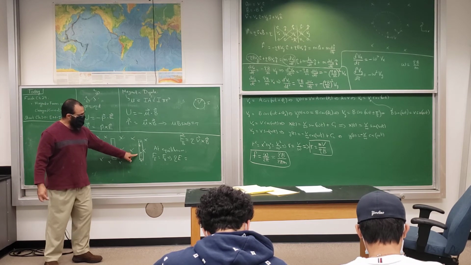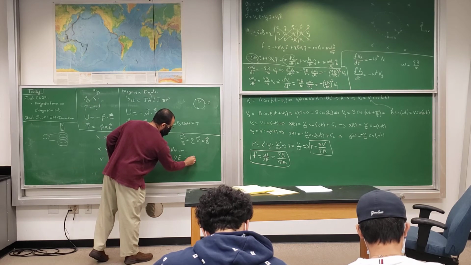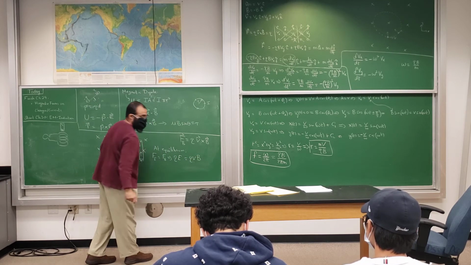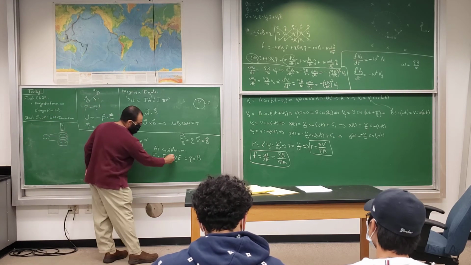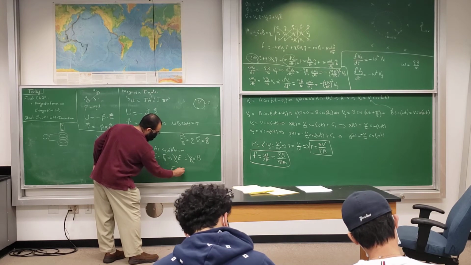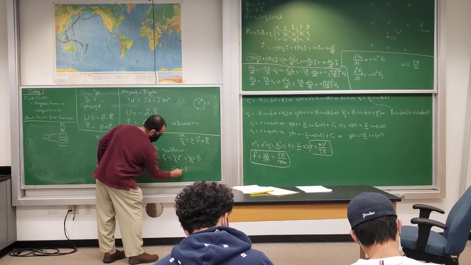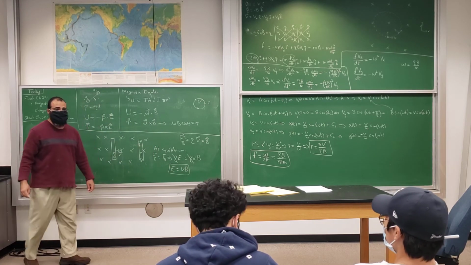QE. The magnetic force has magnitude Q times V times B. So, cancel the Q, and you get the electric field equal to V times B. That's the electric field needed to cancel this.